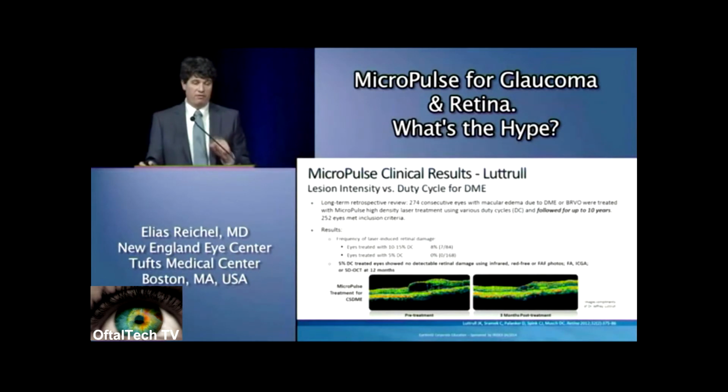It's safe for the fovea. But if you go to a higher duty cycle, you may have laser-induced retinal damage. And if you go to a 10 or 15% duty cycle, you're seeing about 1 out of 10 patients developing some kind of retinal damage. So it's important to remember 5% duty cycle. And this is long-term follow-up. These patients were followed for up to 10 years.